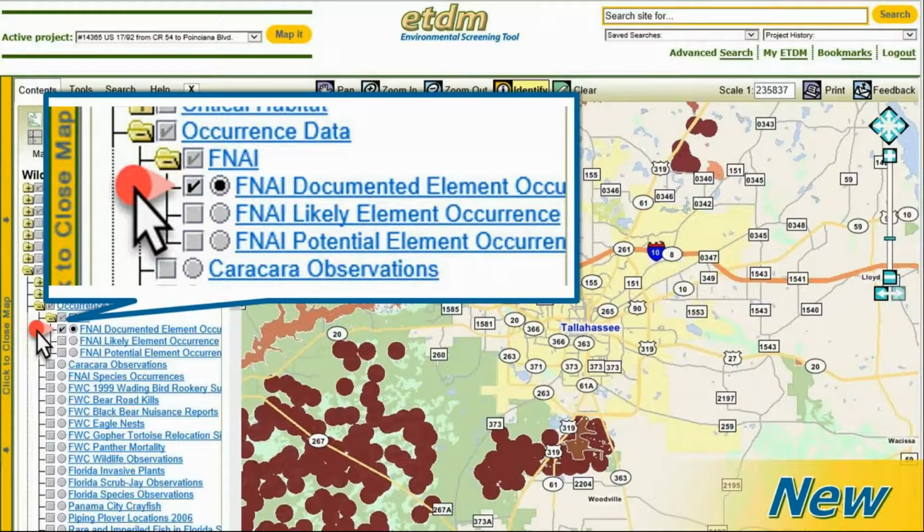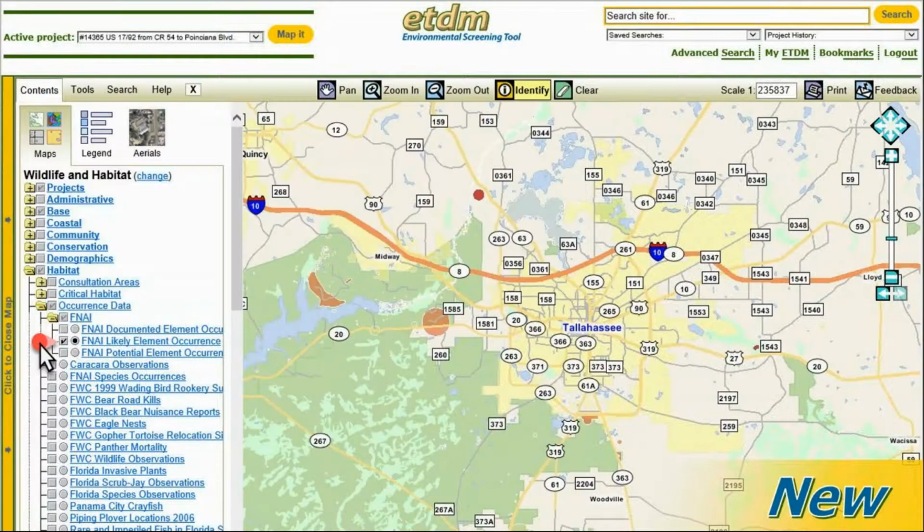As you can see, there are lots of points shown in this area southwest of Tallahassee, which is the Apalachicola National Forest, so it makes sense that there are a lot of documented observations of element occurrences there. This next slide demonstrates the FNAI Likely Element Occurrence. Generally in this area, there are a few of those points.